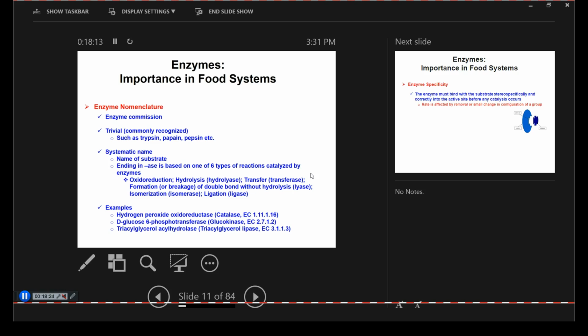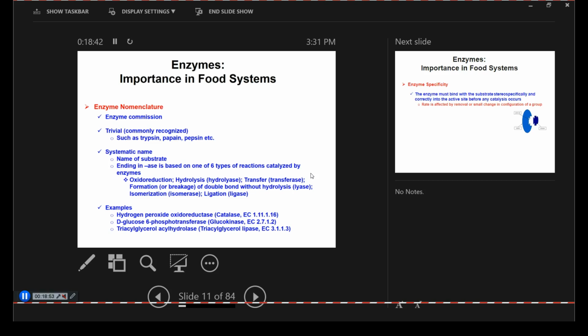And then you have a trivial name, a commonly known name. So trypsin, papain, pepsin, bromelain, catalase, these are all trivial names. But for the scientific systematic name, you will see the name of the substrate, and then it ends with -ase, but there are different categories of enzymes.